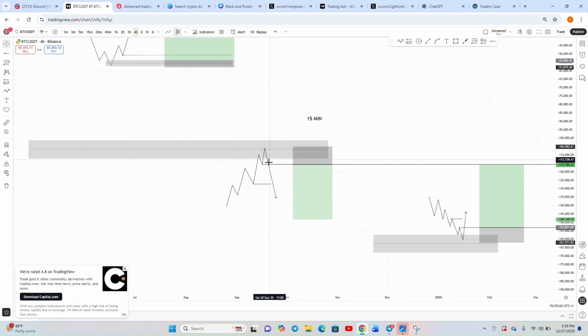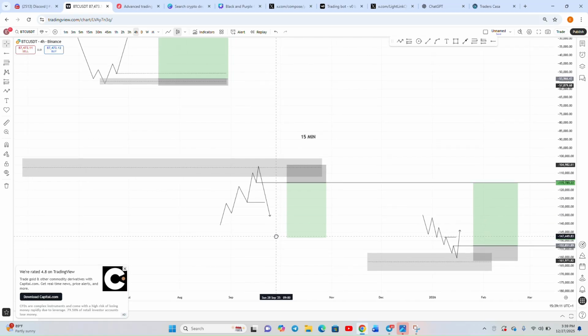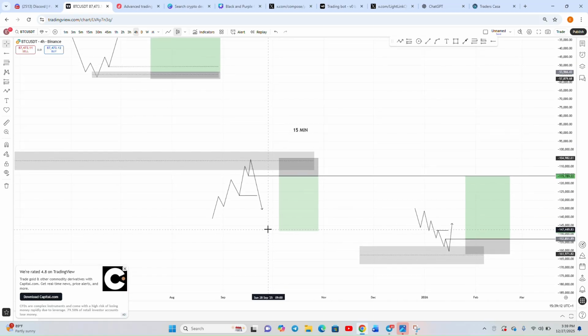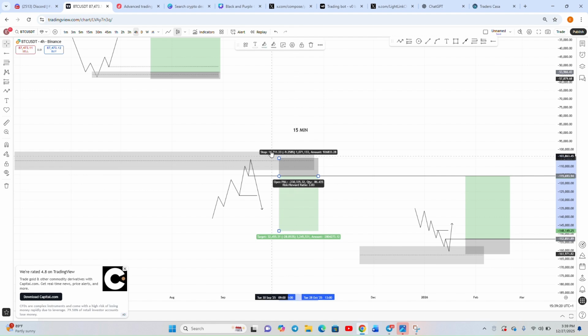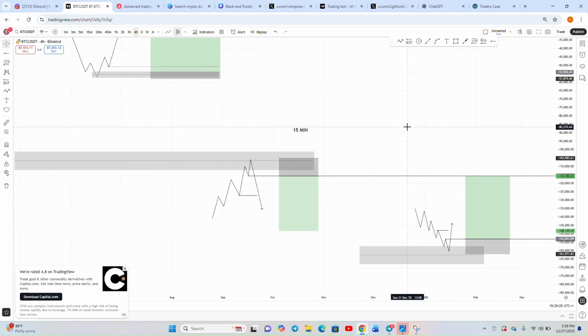Failed order block again, change of character, and then break of structure. Okay, now we're taking an entry on the 15 minutes. Mind you, this time we don't need a liquidity to validate our entry. We just take our entry directly from this 15 minutes order block. Okay, and that is that.